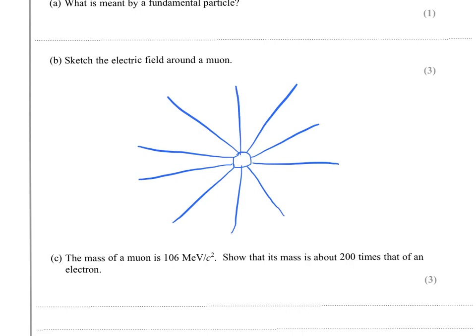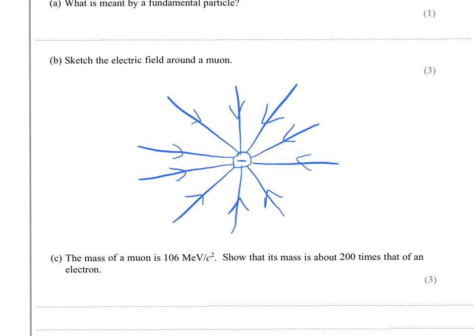And then we have to remember that this is a negative particle. And remember, the field lines point the way a positive particle would be pulled. Now a positive particle will be drawn towards this, so the field lines for the muon will point in. It's going to be true for any negative particle, because these are the directions that a positive charge would be pulled.